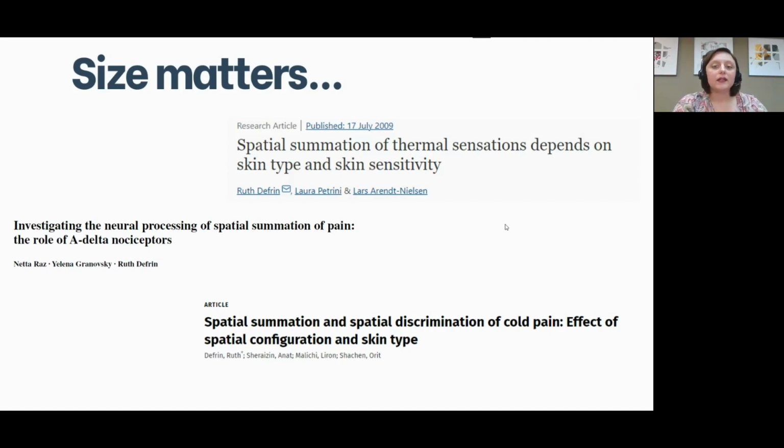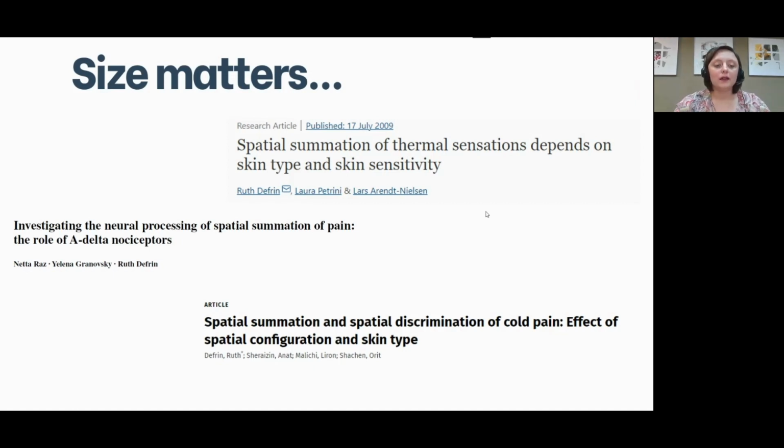And they demonstrated that the larger surface has its influence on both thermal sensory thresholds. In this paper, they showed that the thresholds are further from the baseline the smaller the thermode size is, so the sensation is perceived later if you apply it on a smaller surface.